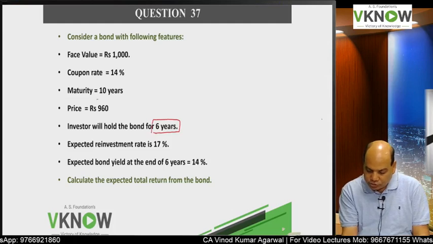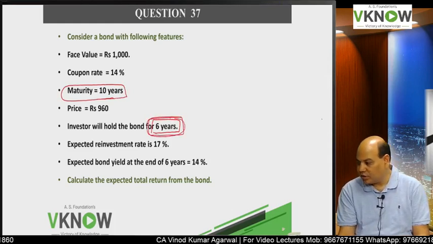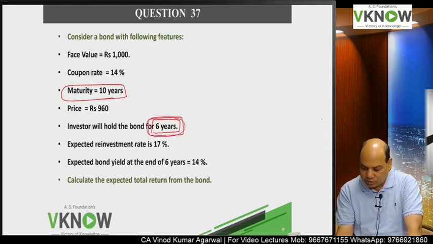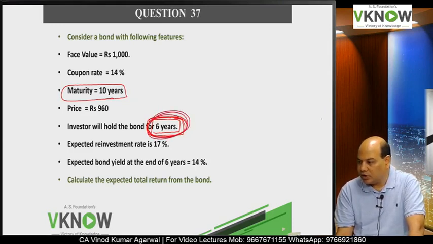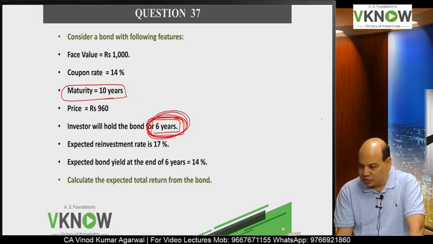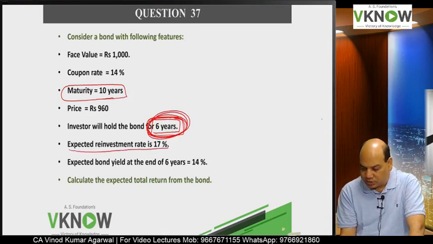Oh, maturity is 10 years, but the investor will hold the bond only for a 6-year period. That means we have to see what price the investor will get if he sells the bond at the end of 6 years. Expected reinvestment rate is 17%.